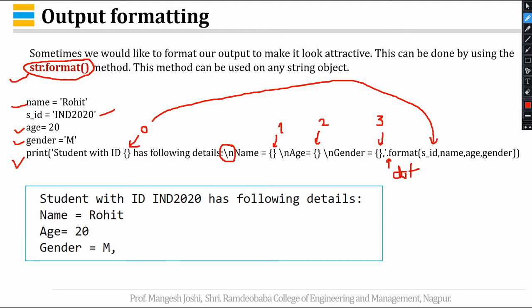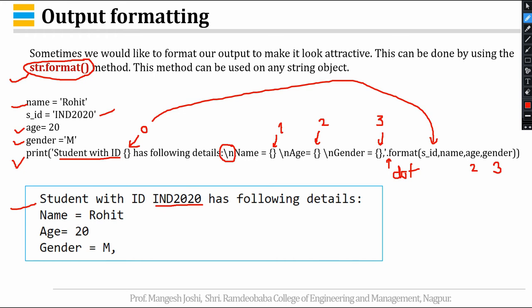For 1, that is this empty placeholder, it is name. Then this is the second index, then this is the third index. So in the output you will get student with ID. We have completed it up to this. Then in the curly bracket, it will take the value of student ID, which is IND2020.